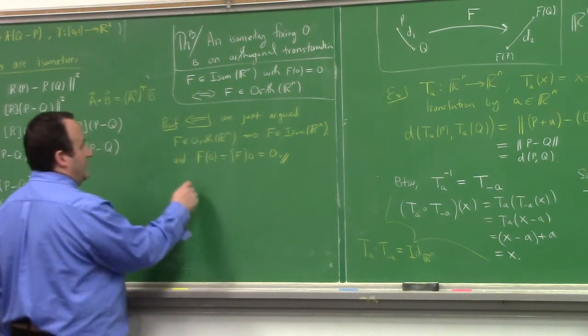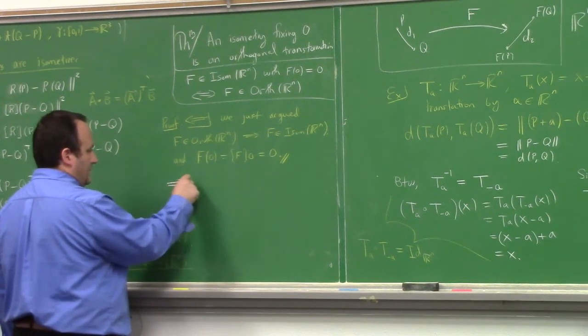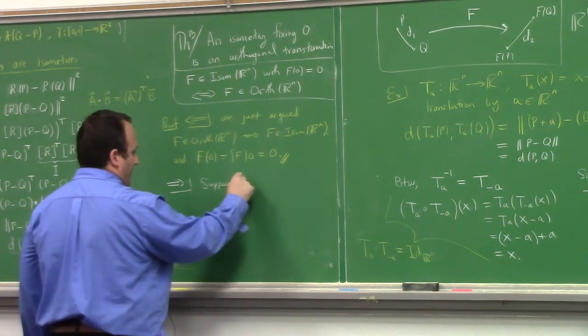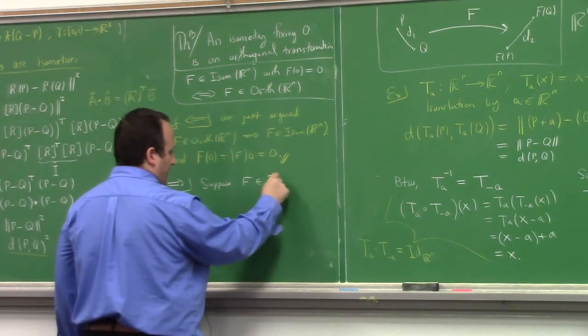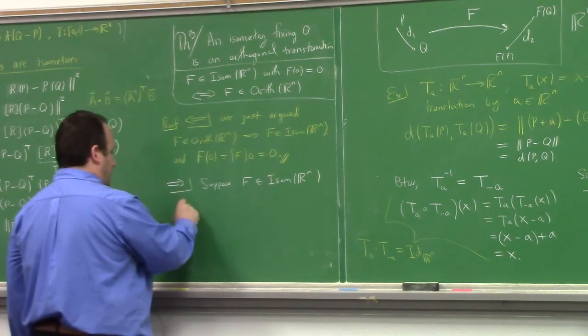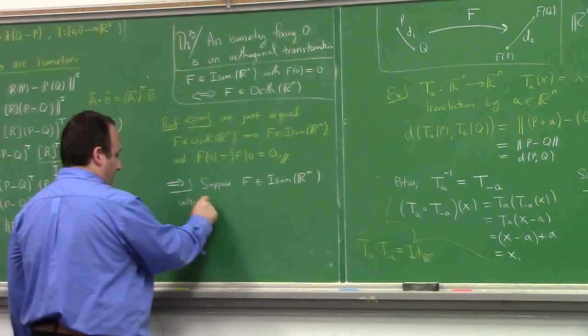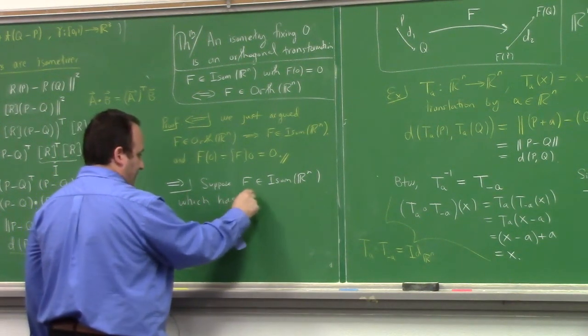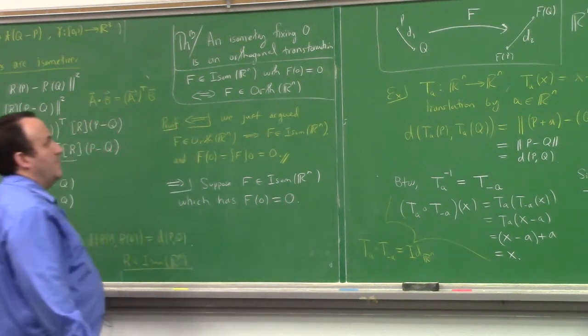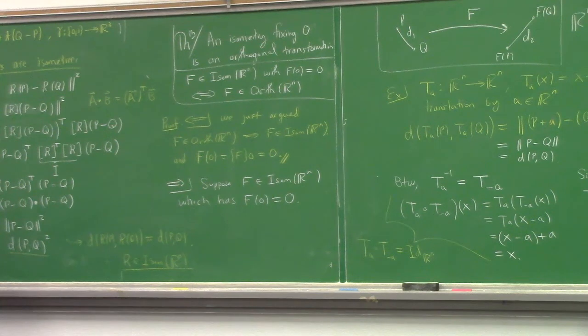Now let's work on the other direction. So suppose f is an isometry which fixes the origin. In other words, f of 0 is 0. Now what do we have to do?